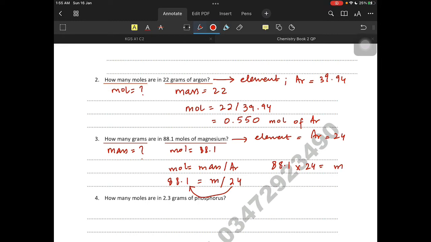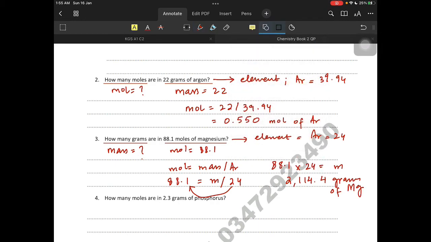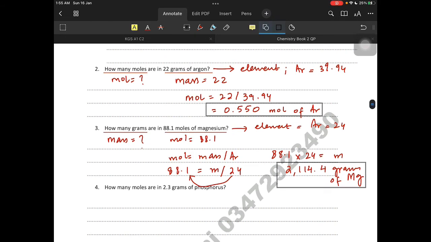So we multiply 24 by 88.1 and we get 2114.4 grams of magnesium. We have our answer ready. So let's put these answers in a box. I don't know why I am doing this, but it just makes it more aesthetic, I guess.